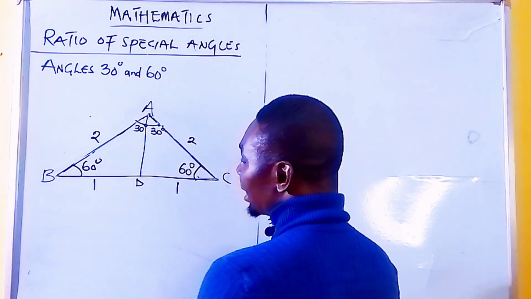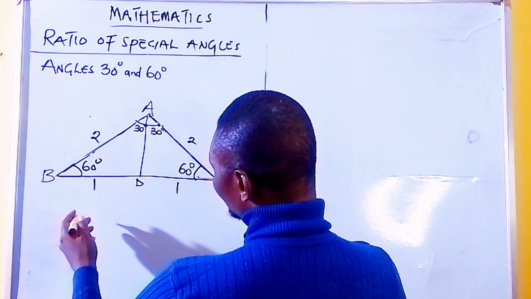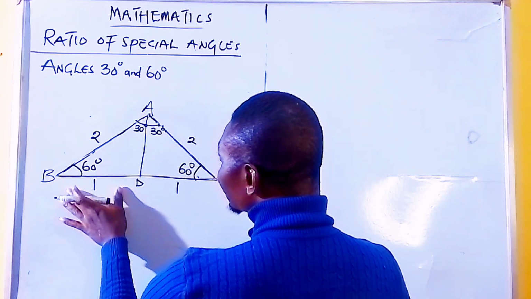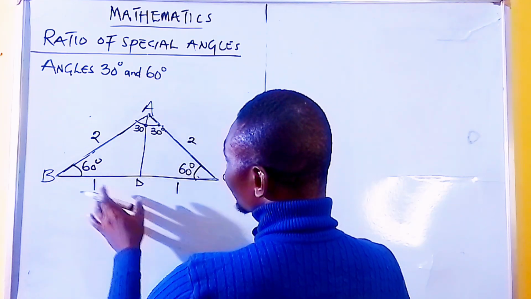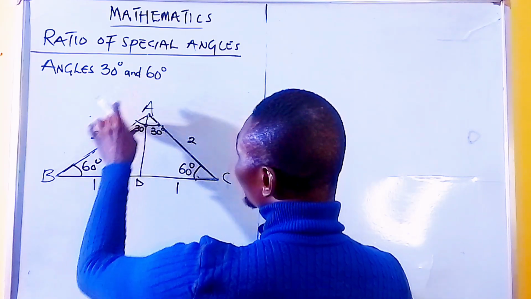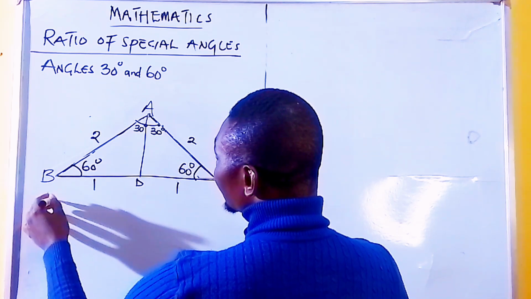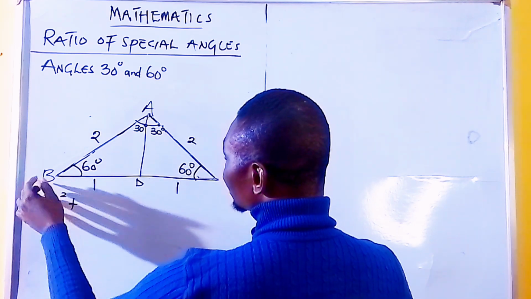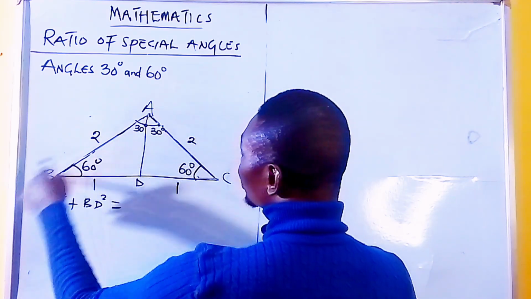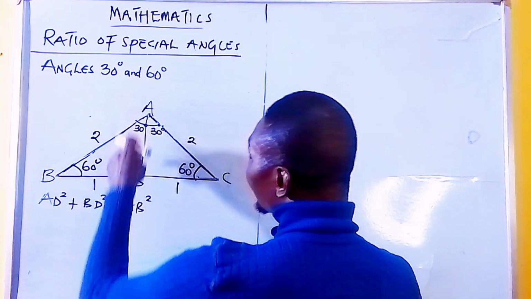To find line AD, we are going to use the Pythagoras rule, which states that the square of the opposite side plus the square of the adjacent side is equal to the square of the hypotenuse. That is, AD square plus BD square must be equal to AB square. Our AD is what we are looking for.